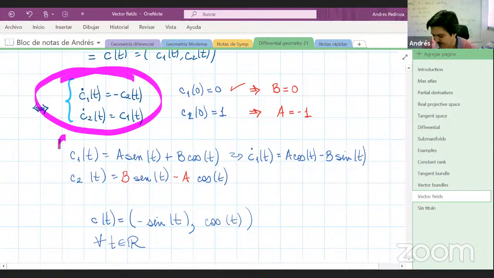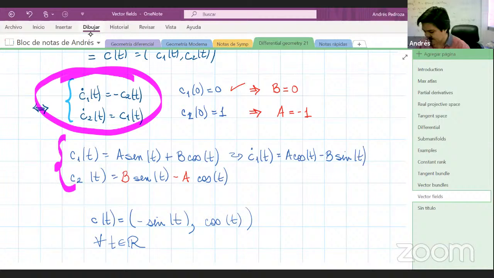That's how you arrive at this solution. If you take the second derivative, you will get the solution for this.